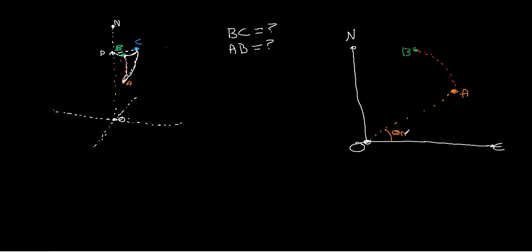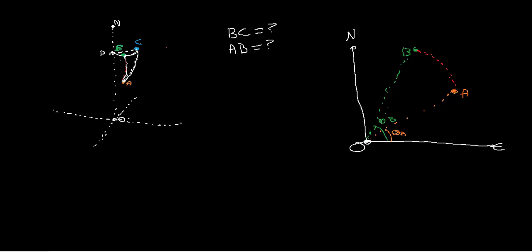This is our latitude of A. We know the angle of point B here, this is our latitude of B, which would both have been given in latitude and longitude. So we know that this is B, and we know that this is A.